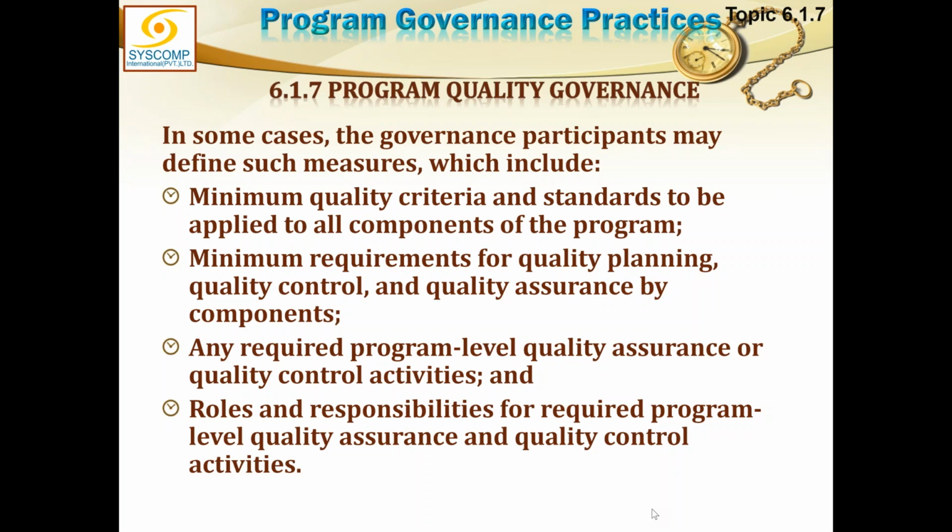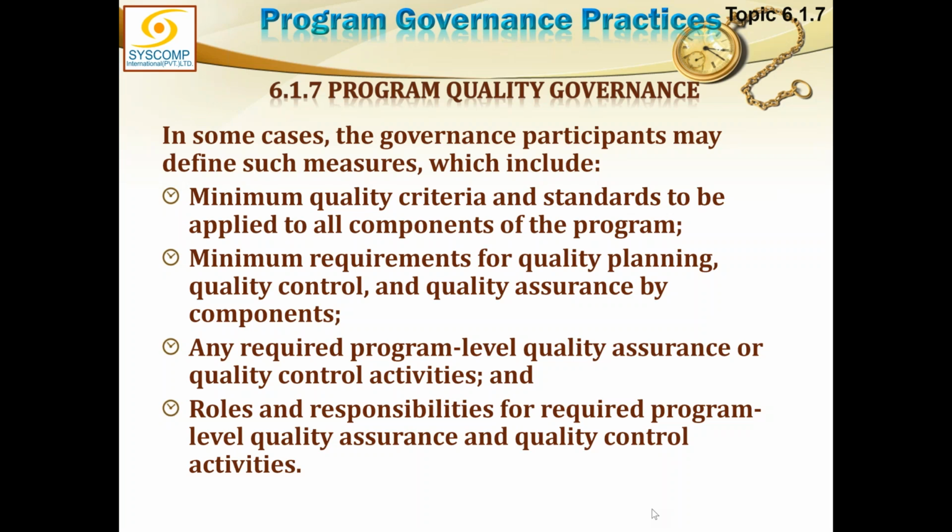So the portion of quality governance from the program will also be inherited by the project governance or the component governance, and that's how, if you do have a quality governance at program level, that will be translated down to the project or other components. So that would define the minimum quality criteria established by the program.